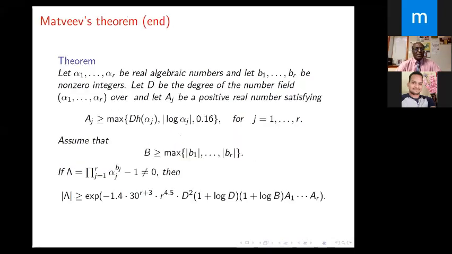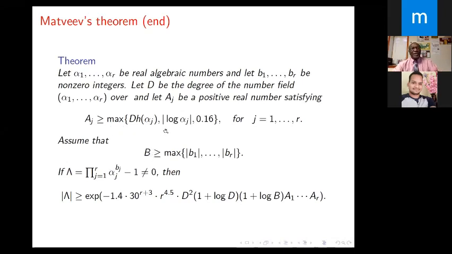This will be very useful to obtain a result that I call the Matveev theorem, but in fact, this is a variant of Matveev's theorem obtained by Bugeaud, Mignotte, and Siksek.